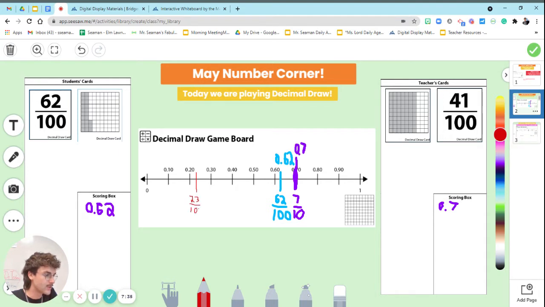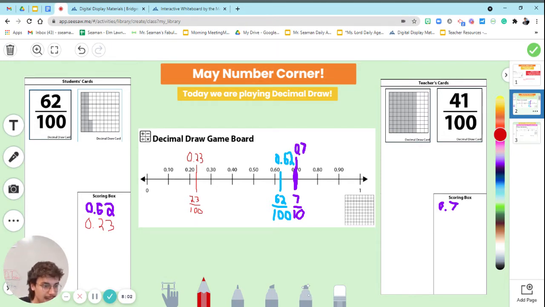And then the decimal is going to look like 0 and 23/100ths, just like that. So then I'm going to add this to my box here. So 0 and 23/100ths. Then I'm going to do the same exact thing for the teacher side.